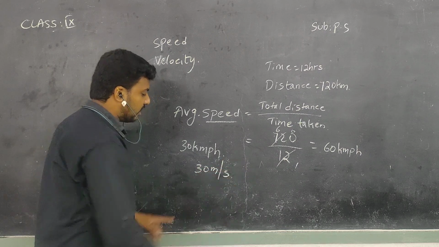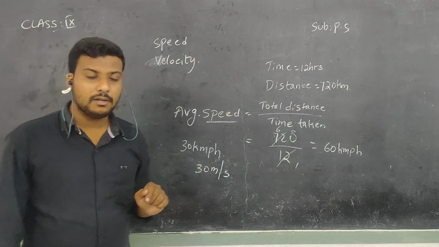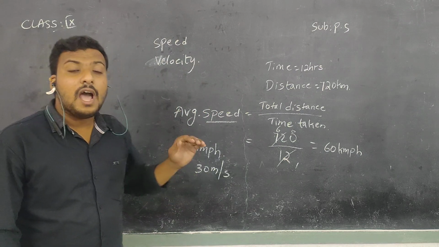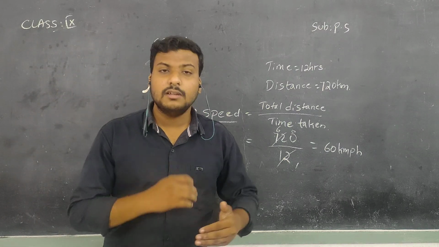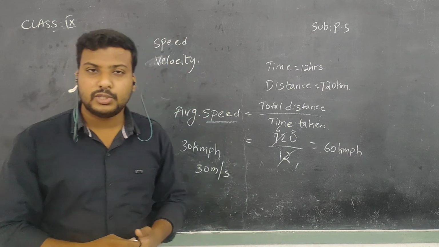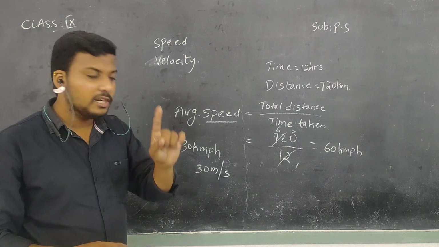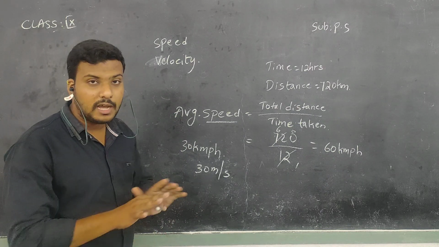Okay, children, I am moving with 30 meters per second. You will say like that. But you cannot say I am moving 30 meters per second in the south direction or north direction. Okay, speed is just a scalar quantity. It requires only magnitude but not direction.